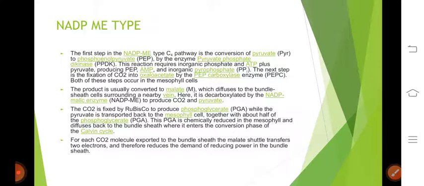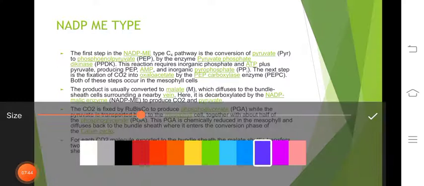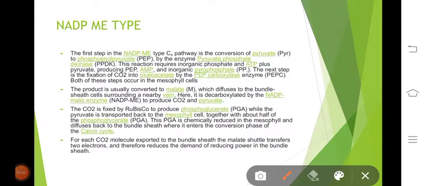The first step in the NADP-ME type is that carbon dioxide is taken in the form of HCO3 and it is fixed by PEP, phosphoenol pyruvate, with the enzyme called PEP carboxylase, and it is getting converted into the first stable compound called oxaloacetic acid.